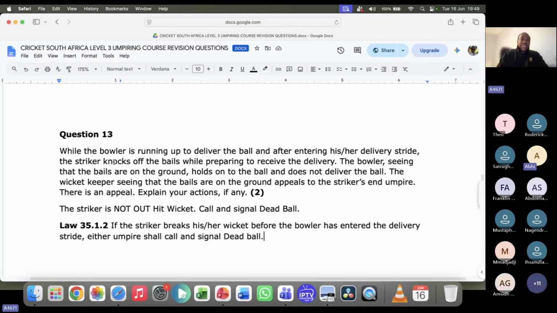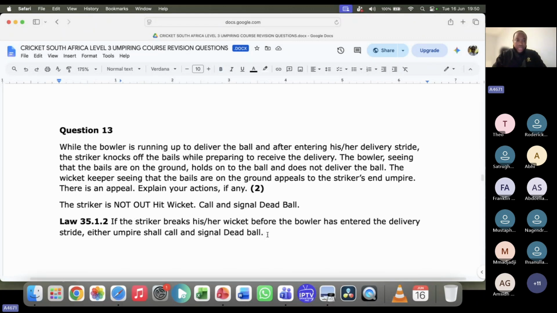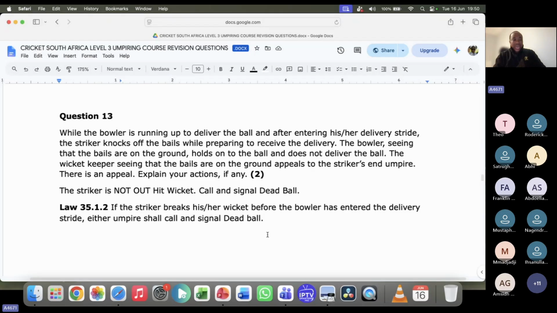Yes. Well spotted, Abi. So it is not actually law 35.1.2. It is part of the dead ball law. That is the correct reference for the scenario. Thanks, Abi. I'll change that before sending out these questions and answers to all of you tomorrow morning.